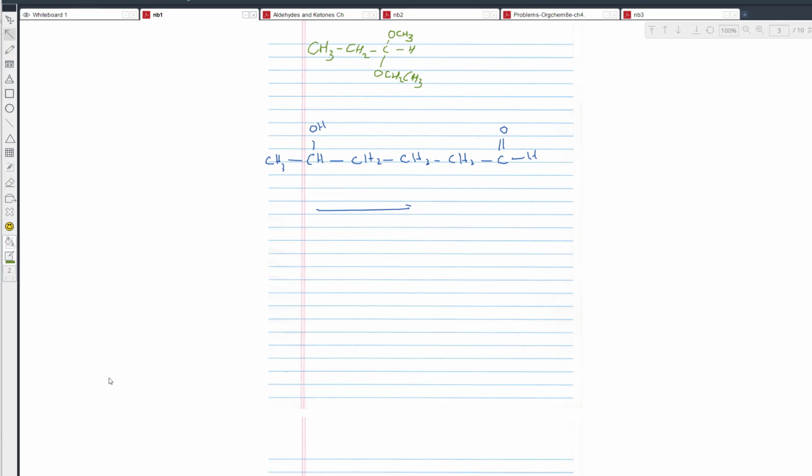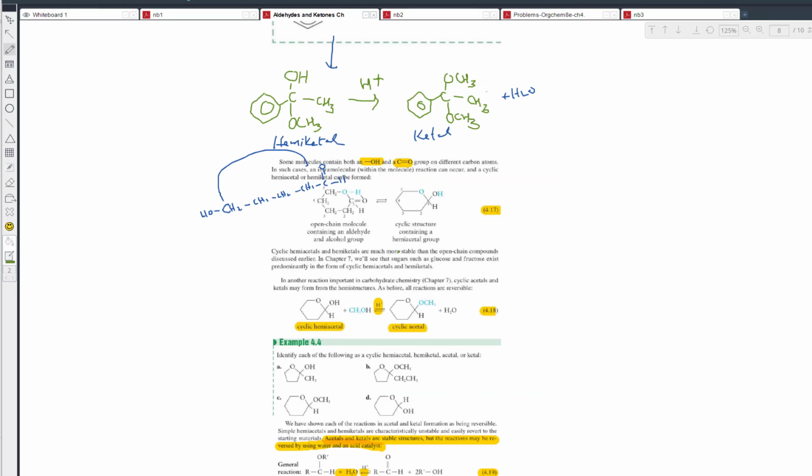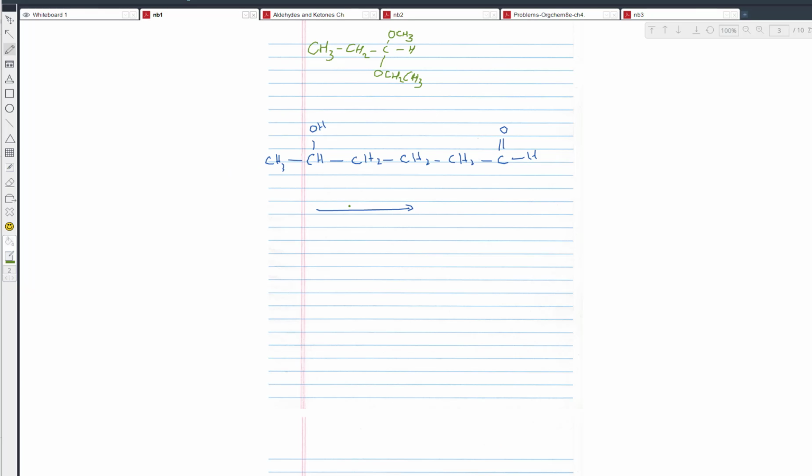Can you do this? 1, 2, 3, 4, 5, 6. If it is forming something like, let's go here, this one. They are doing this, and this is a reversible thing they are showing. So let's go and do the same thing here.